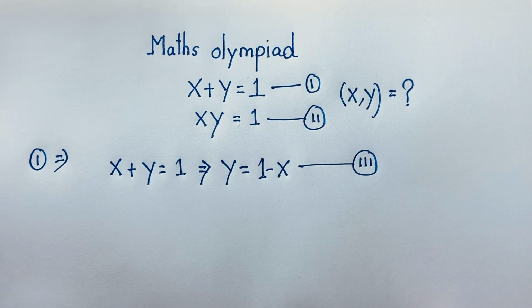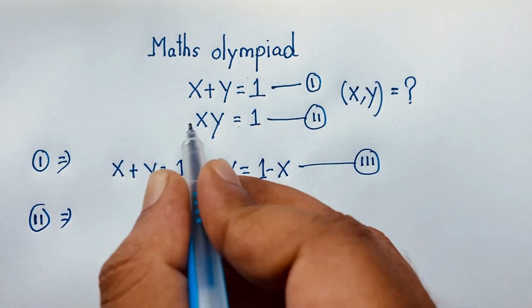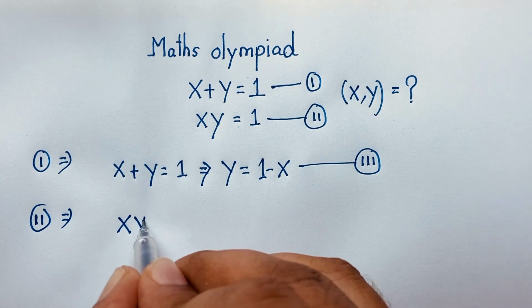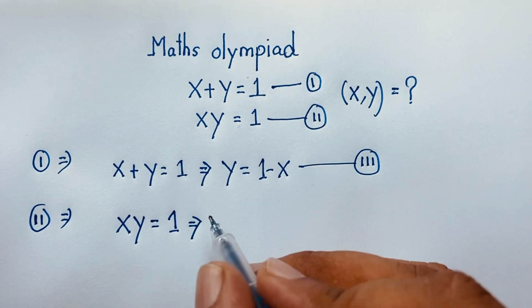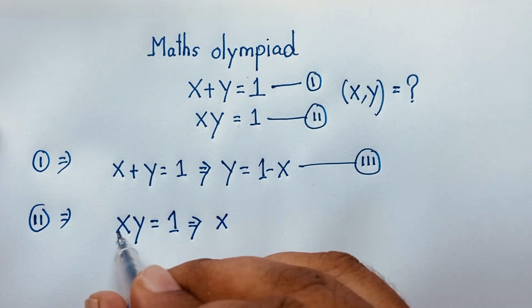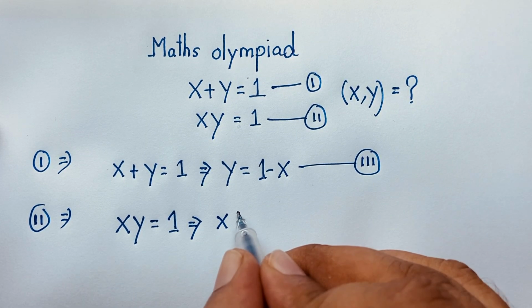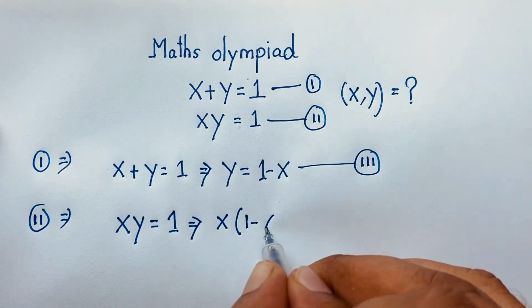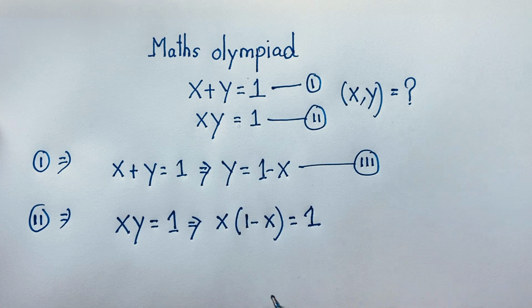Now if I take our second equation, it will be xy is equal to 1. Then you can see easily this x and this y, it will be 1 minus x. I put this below in this equation, so it will be x times 1 minus x is equal to 1.